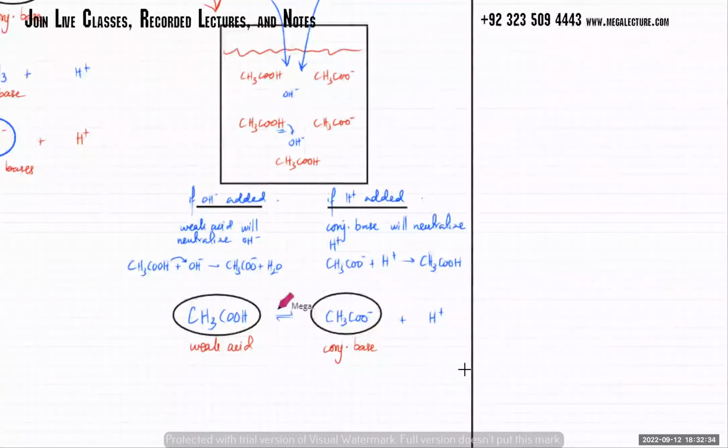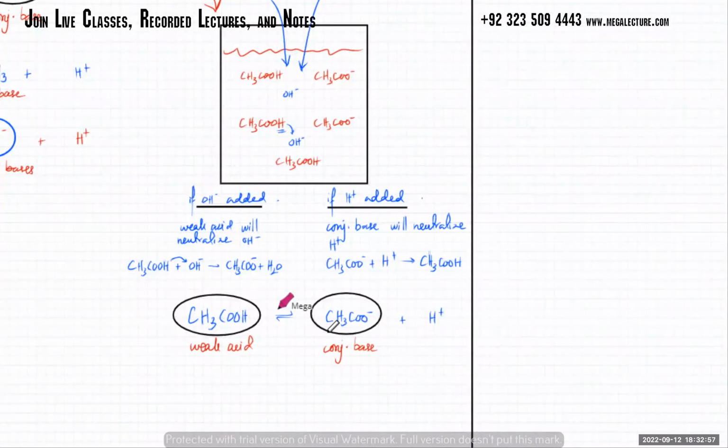But there is one problem over here, and let's come to that now. Conceptually it's pretty easy: you add ethanoic acid, you also add the conjugate base. Now remember, this is a weak acid, so the conjugate base that will be produced from the weak acid will be very small.